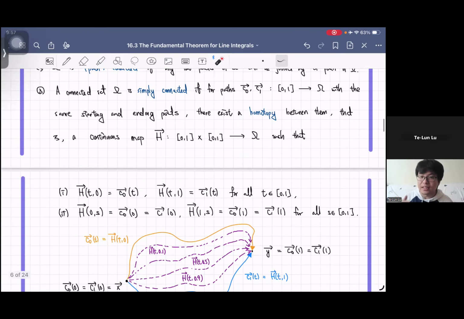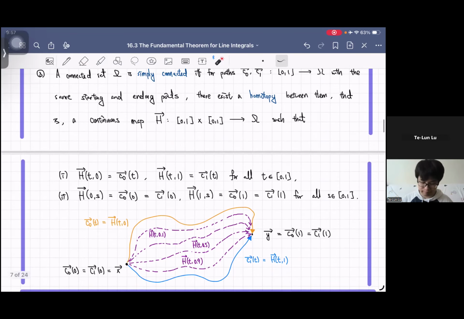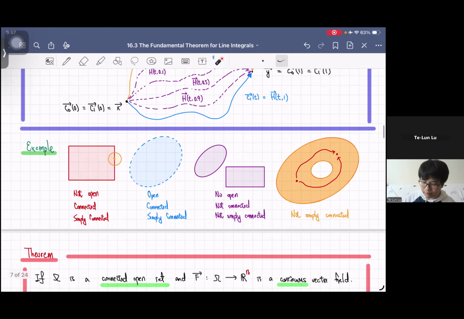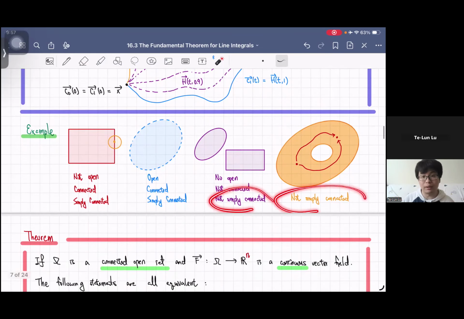Being simply connected essentially means that you don't have any holes. And mathematically, it means that you can transfigure two curves with the same ending and starting points into each other. So I hope these are sufficiently nice examples to show what is open, what is not open, what is connected, what is not connected, and what is simply connected. Okay.